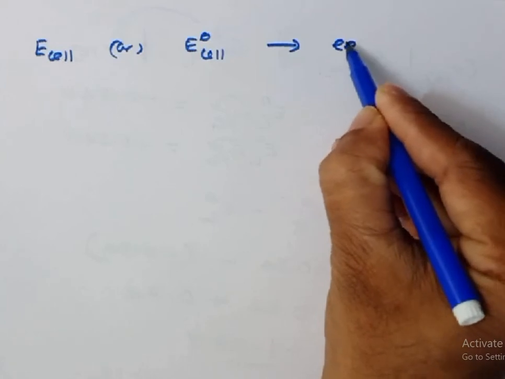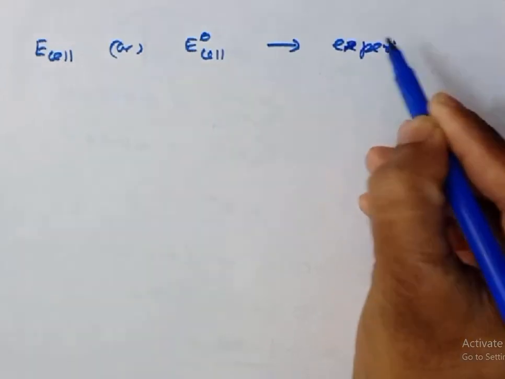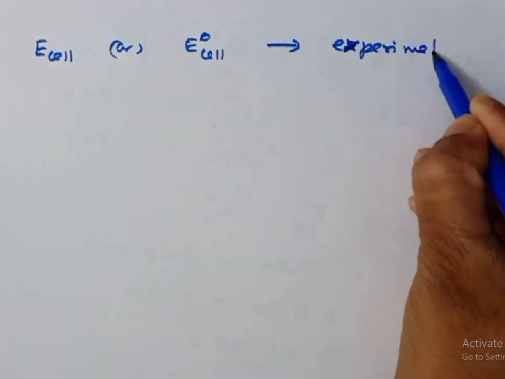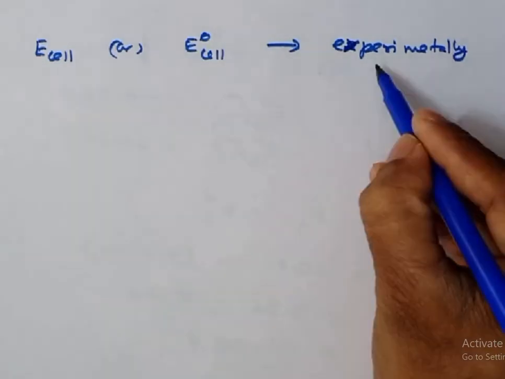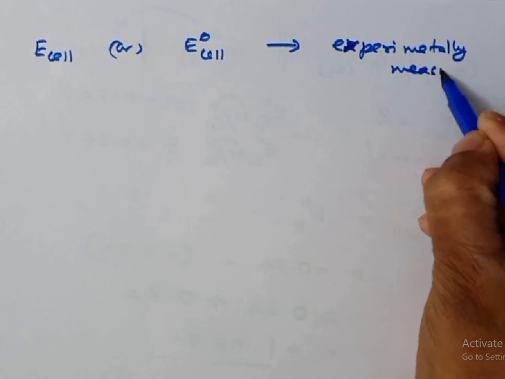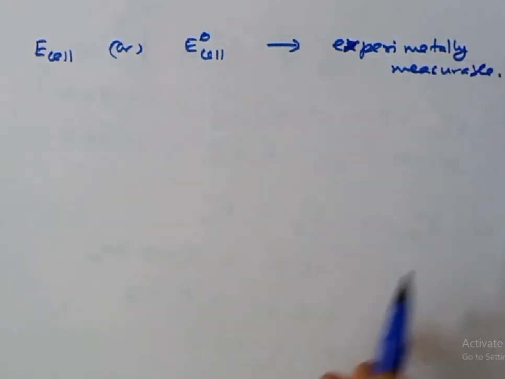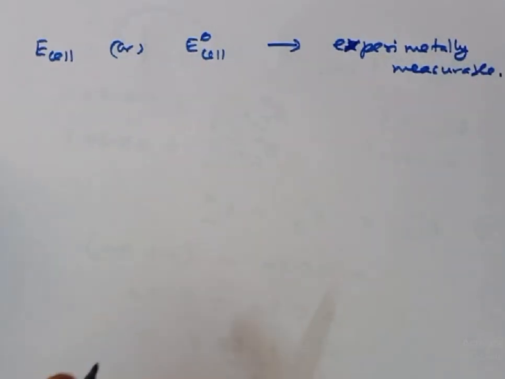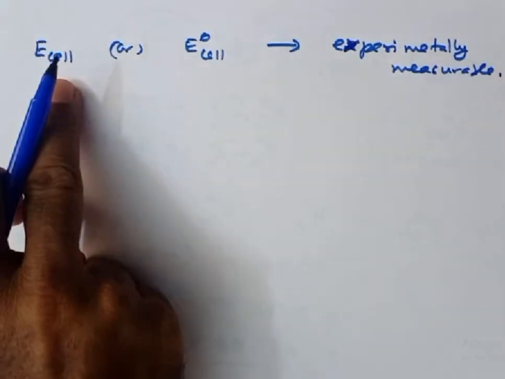It is experimentally measurable. I have told you in the beginning, whatever potential appears in the potentiometer directly gives you the cell potential. Simple. Cell potential or standard cell potential you can measure directly.